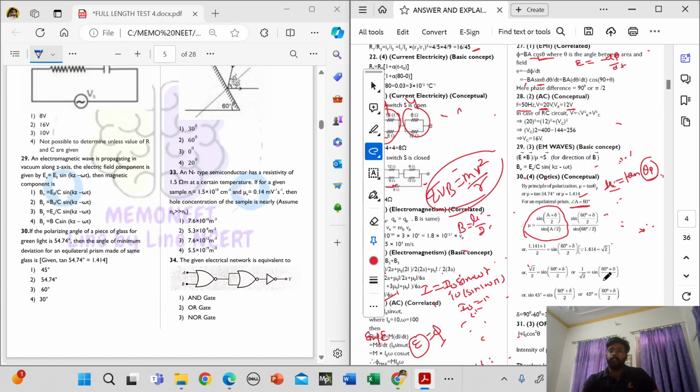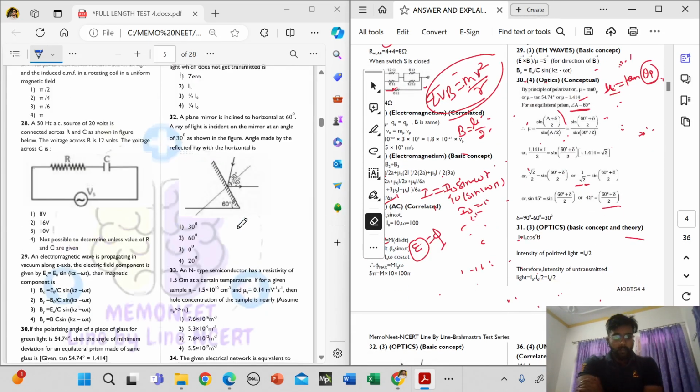By this we can calculate the value of delta. Simplifying, we get 1 upon root 2, the value of sin 45, so sin 45 is equal to sin of (60 plus delta) by 2. So 45 is equal to (60 plus delta) by 2. Now solving, we get delta as 30 degrees. So option number 4 is right.